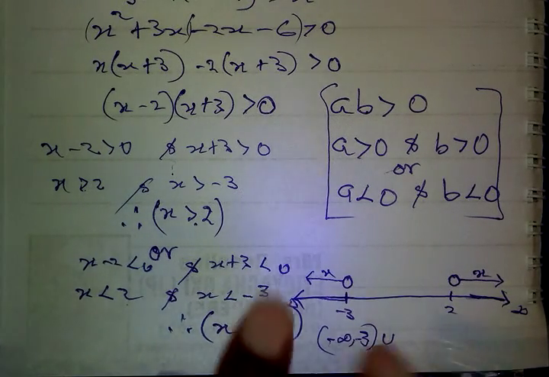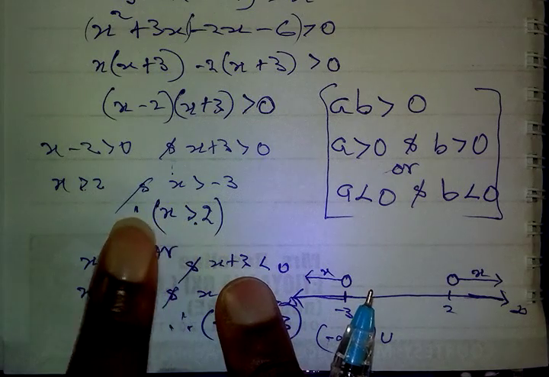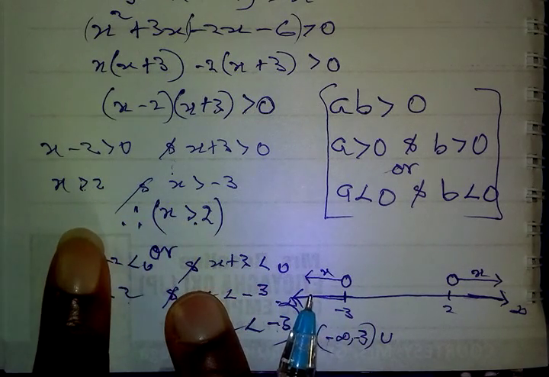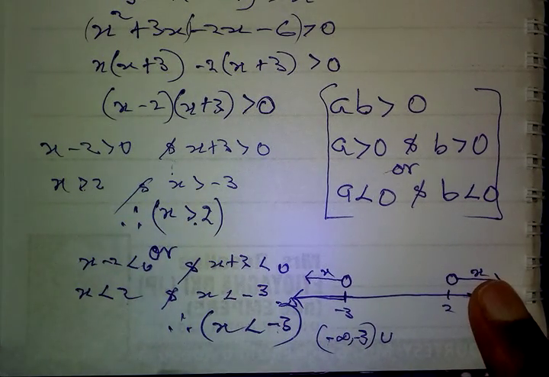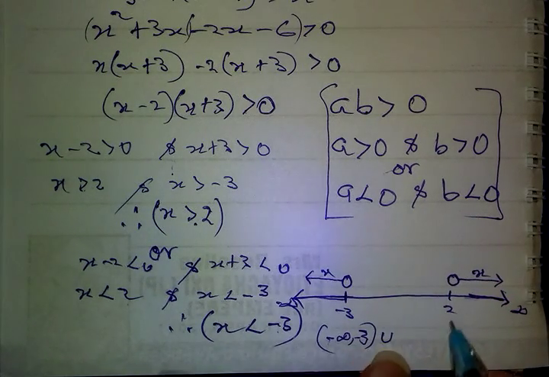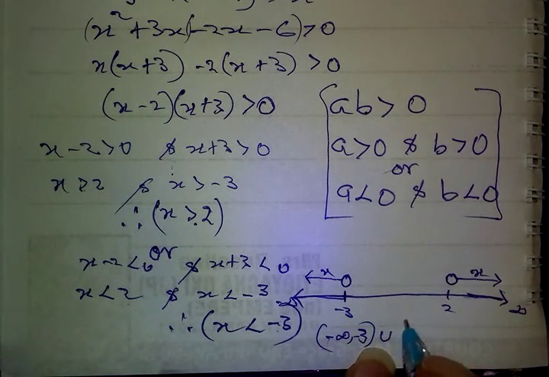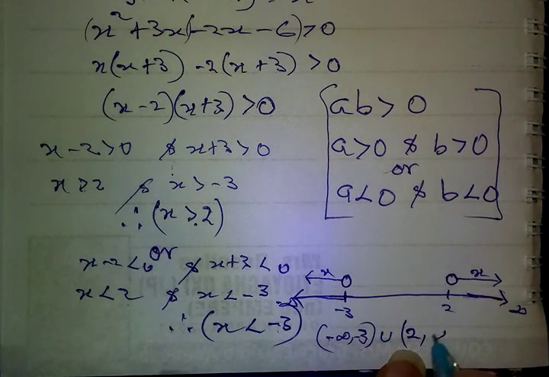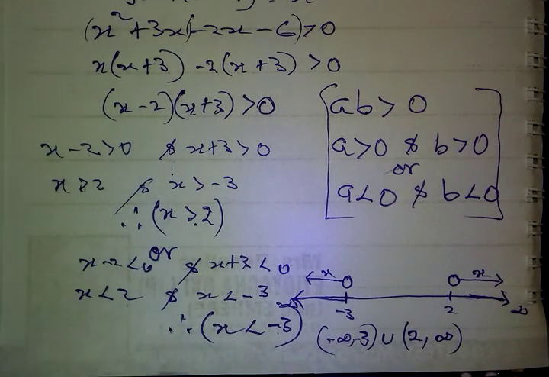In this case, we have two sets: the first set, all values that are less than negative 3, and the second set, all values that are greater than 2. So 2 here is the least value, so that will be 2 comma infinity. This is how the interval notation will be represented.